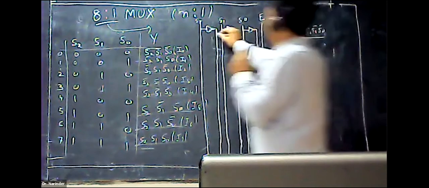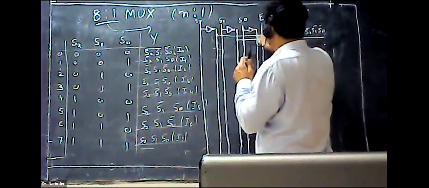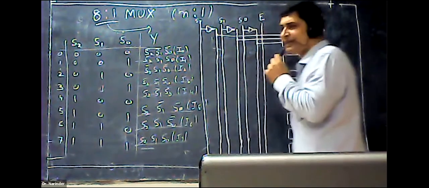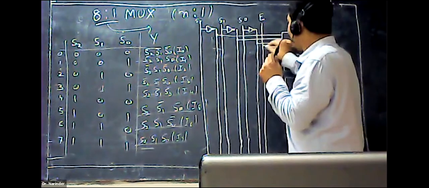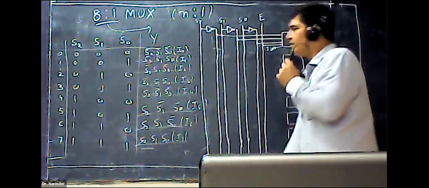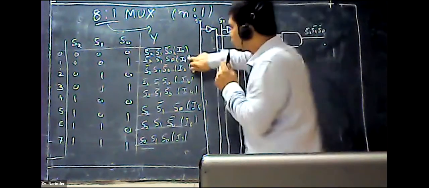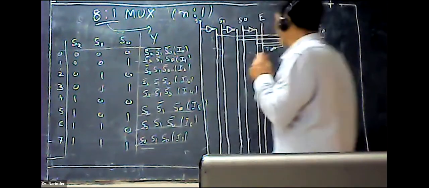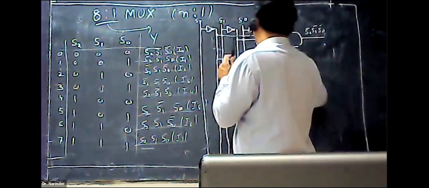S2 bar, it means this S2 bar is connected. S1 bar, this S1 bar is connected. This S0 bar, this S0 bar is connected. This is your E, and here you apply I0. Similarly, for this one, I1, you should write S2 bar, this would be your S2 bar.